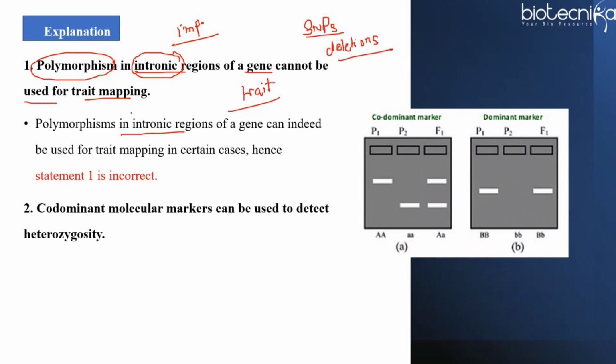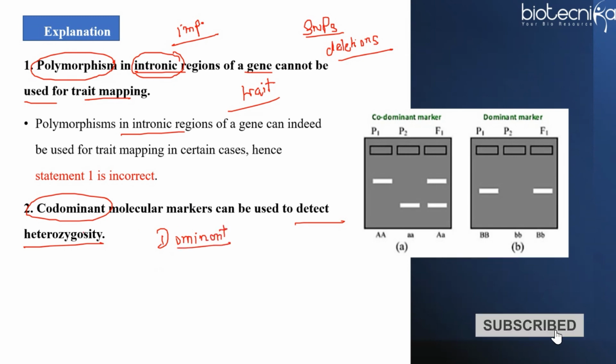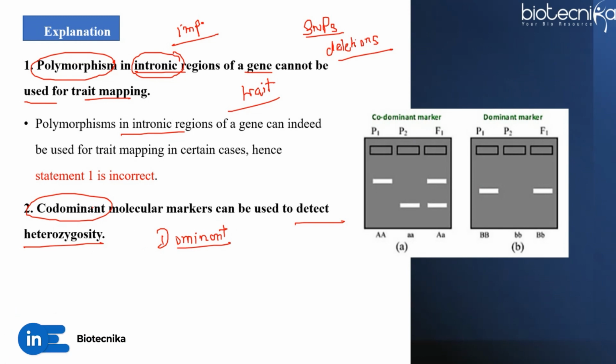The second statement is codominant markers can be used to detect heterozygosity. Now, what are codominant markers? There are two terms: one is dominant marker and another is codominant marker. Please remember that codominant markers are those which can differentiate between homozygous and heterozygous, that is, they provide information whether the genotype is homozygous or heterozygous.